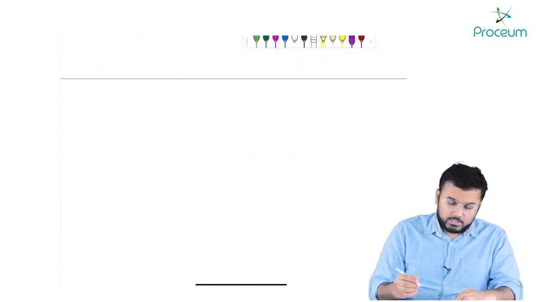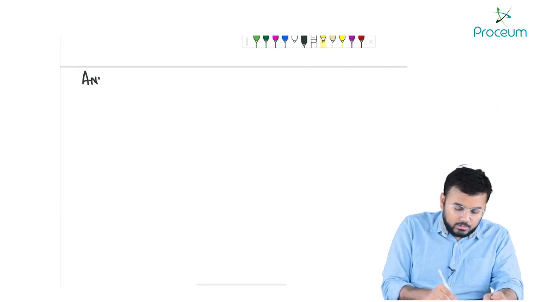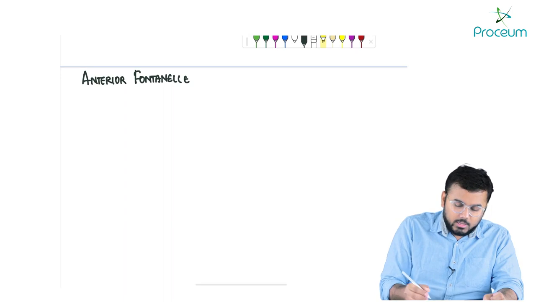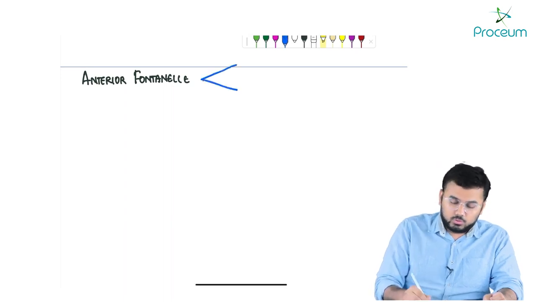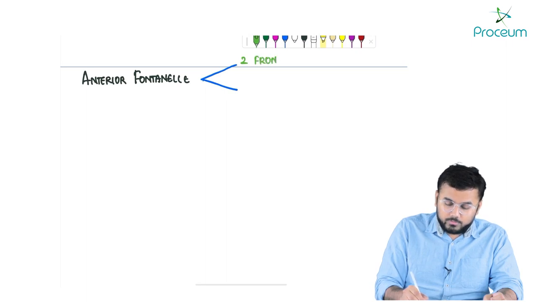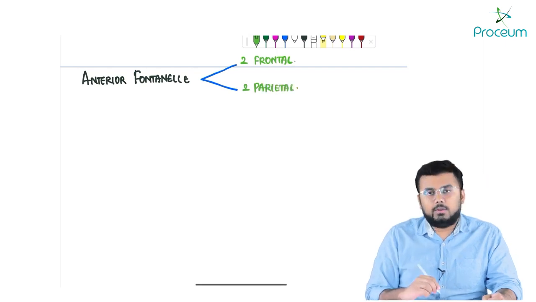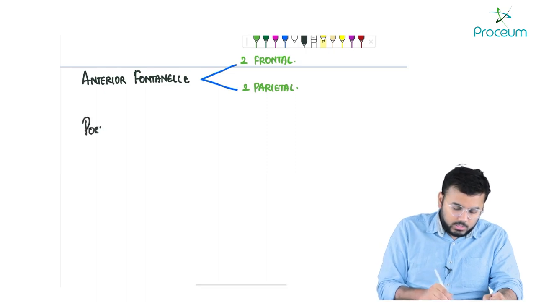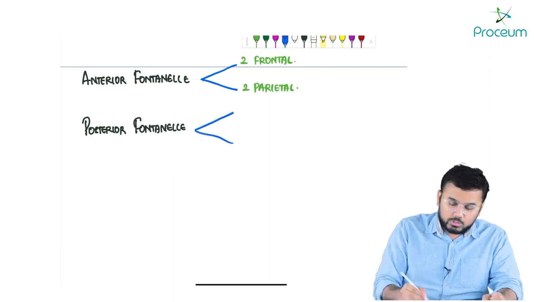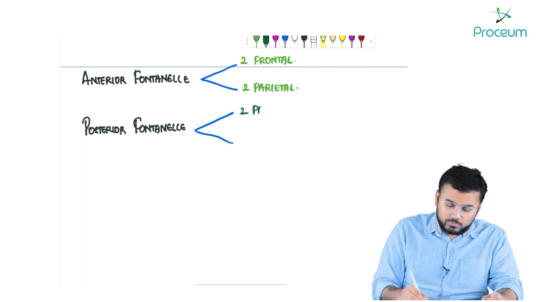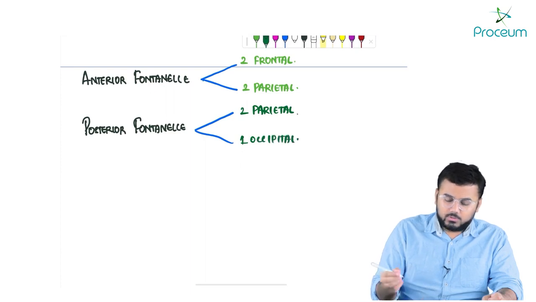The anterior fontanelle is formed by two frontal and two parietal bones. Next, the posterior fontanelle is formed by two parietal bones as well as one occipital bone.